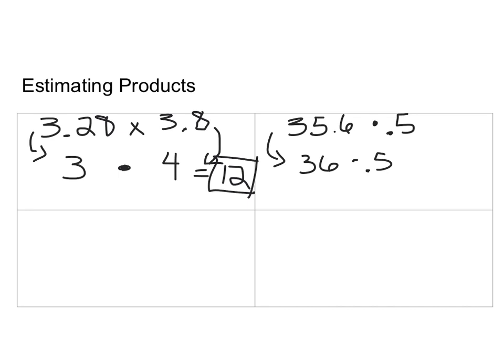I can find half of something. That's a friendly number for me. So half of 36, because we could also think about this as 36 times 1/2. Half of 36, well, that's 18. So I know my answer here is going to be approximately, that's the approximately sign, 18.